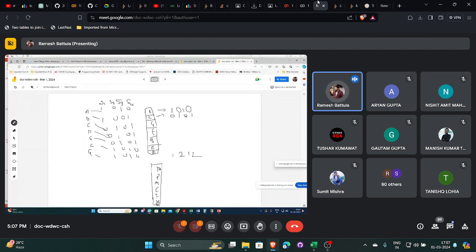This is D, correct? How can you represent D? 0, 1, 0, 1. So you need to take 0, 1, 0, 1. Am I correct? So you need to go for B also.